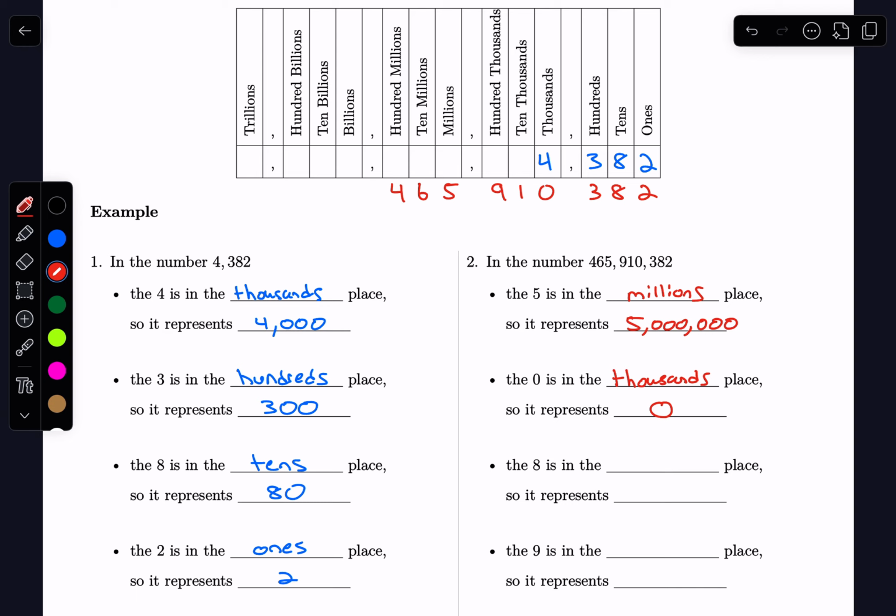Next one, the 8 is in the tens place, so it is worth 80. And the 9 is in the hundred thousands place, so it is worth 900,000. The place value tells us exactly how much each digit is worth.